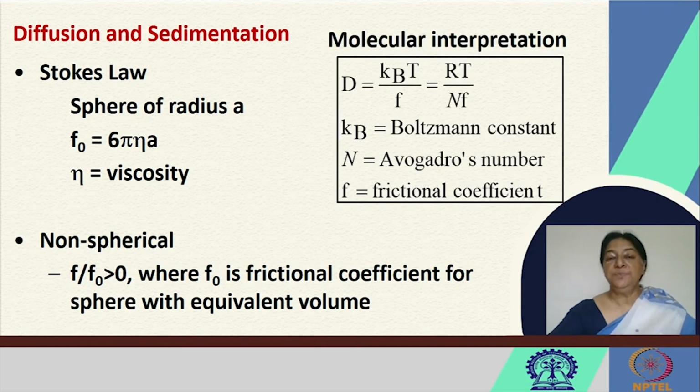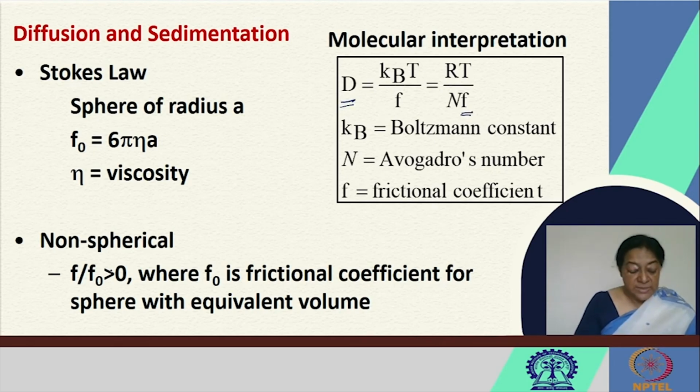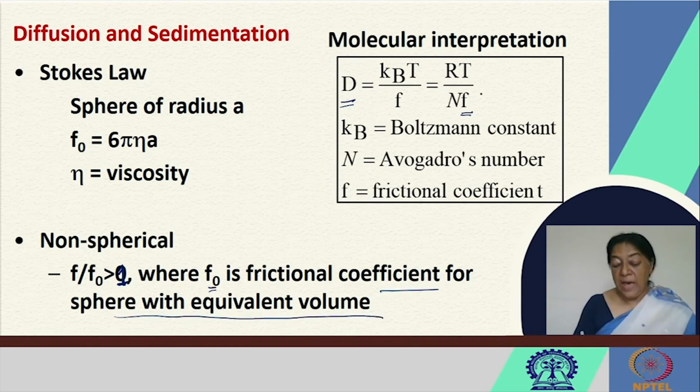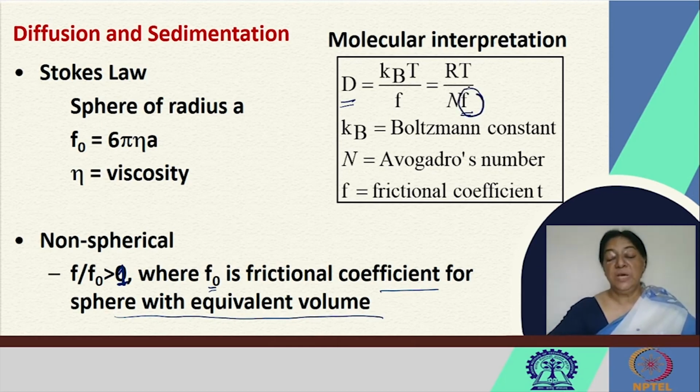The molecular interpretation here is given by D is equal to kBT over f, where RT is equal to Nf. That gives us a value of the diffusion coefficient, giving us the frictional coefficient. This value should be 1 here for a sphere, where F0 is the frictional coefficient for a sphere with equivalent volume, and F is given by the diffusion coefficient and the frictional coefficient that we have here.